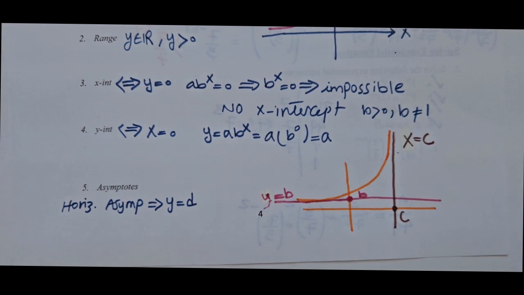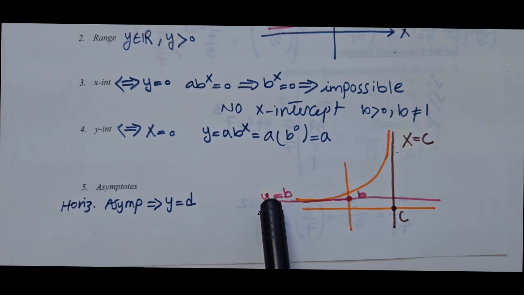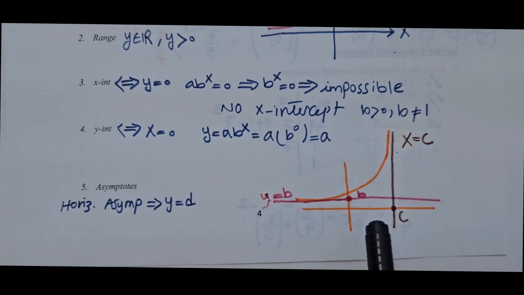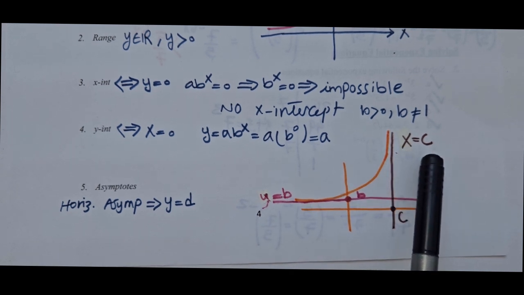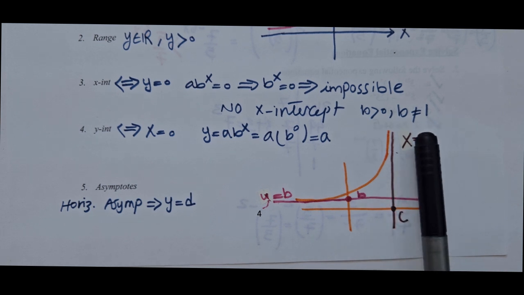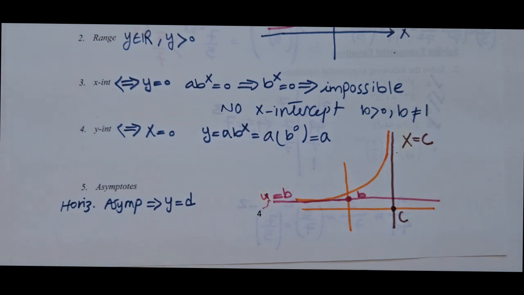Let's say this is my curve, the orange one. It could be any given curve, and I have a horizontal line and a vertical line. This is the equation of the horizontal line, y equals b, and this is the equation of the vertical line, x equals c. These are the two asymptotes. This is the vertical asymptote, this is the horizontal asymptote. The curve gets so close, but they never actually touch one another.